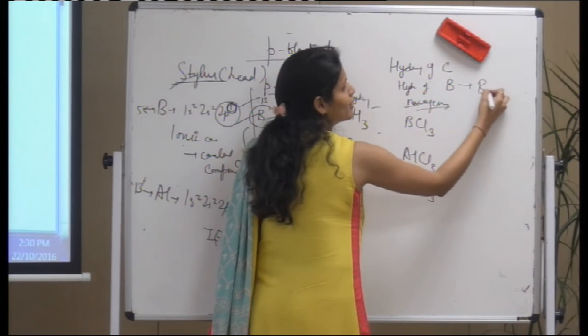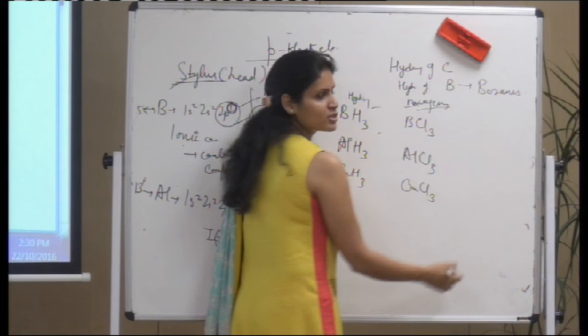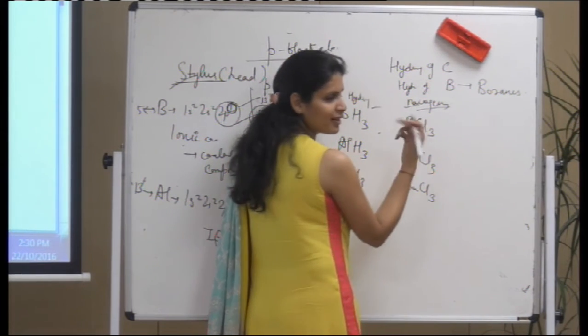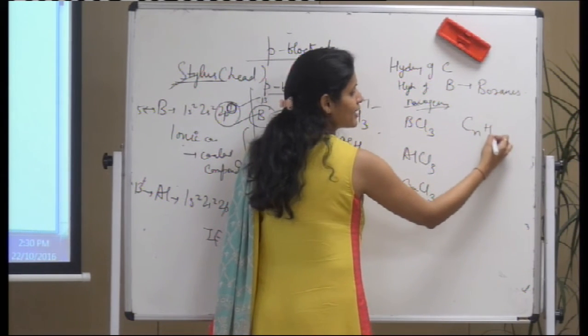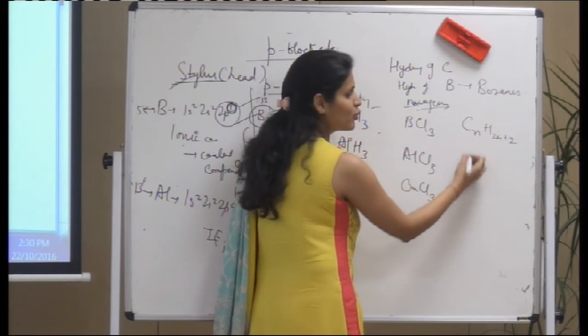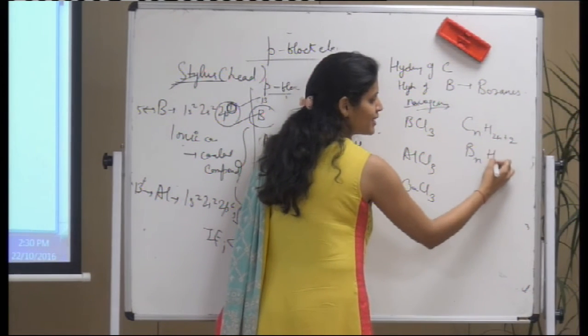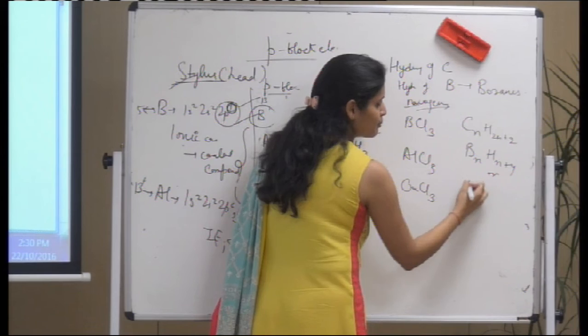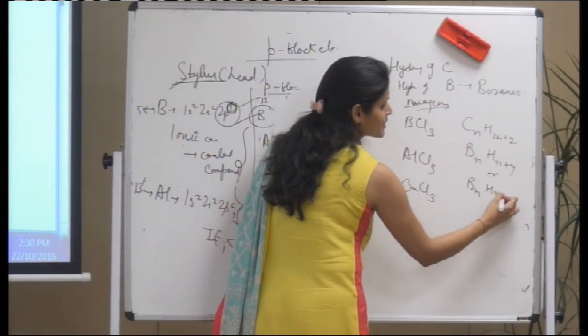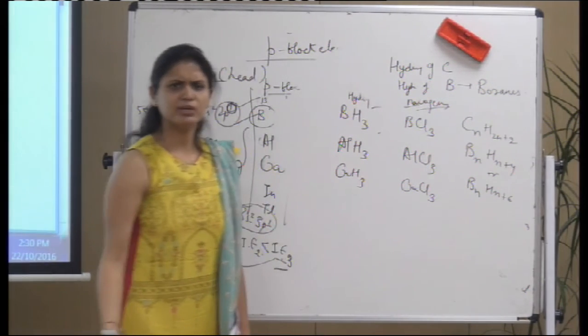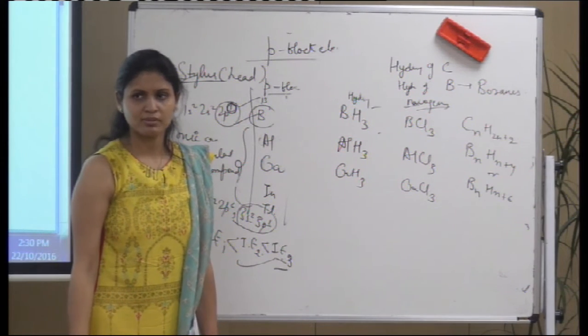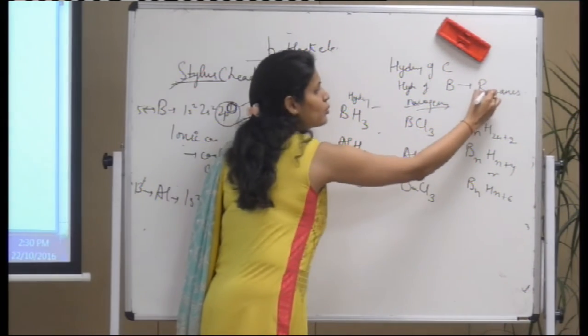Just like alkanes have the formula CnH2n+2, boranes have the formula BnHn+4 or BnHn+6. N could be 1, 2, 3, 4, any integer. Right? These are called boranes.